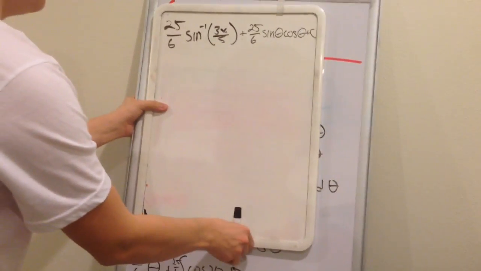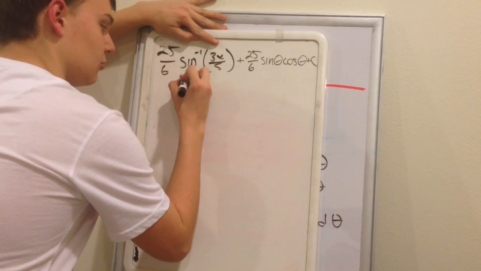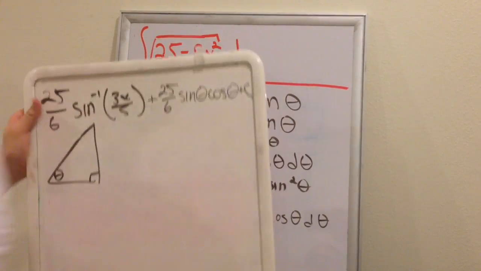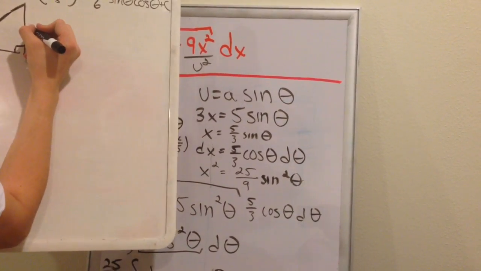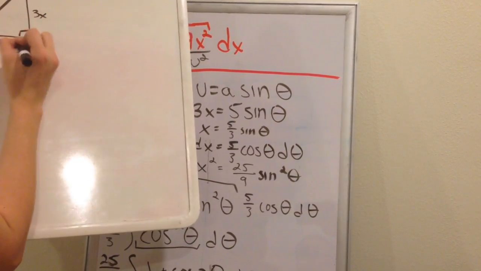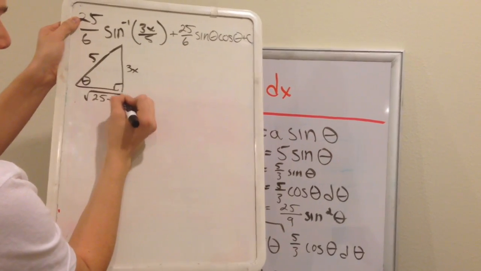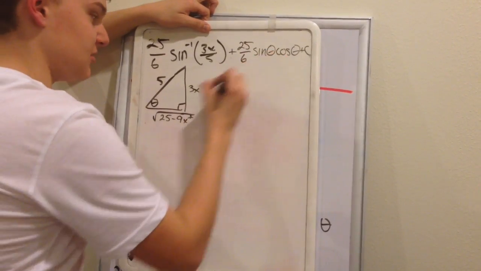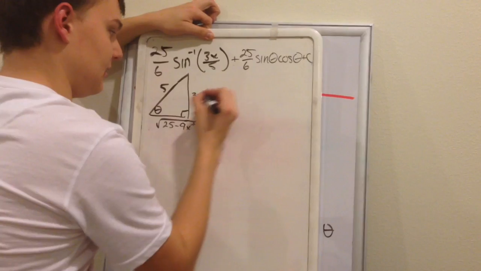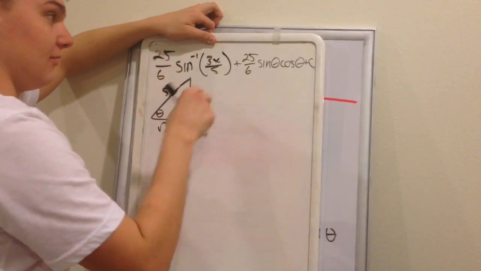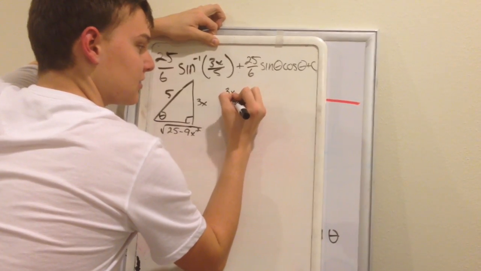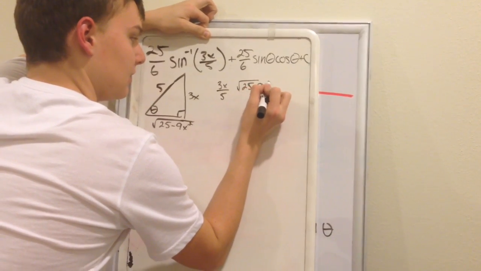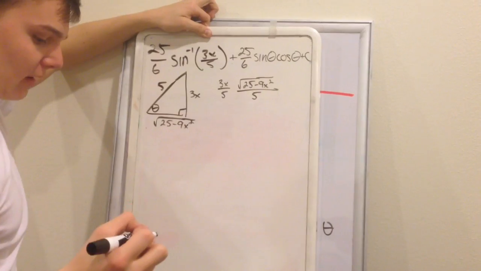Once we do that, we need to go back to our original triangle that we created from theta. Here we have 3x, 5, and the missing side is the square root of 25 minus 9x squared. Simplifying this, we find sine of theta to be 3x over 5, while cosine of theta is the square root of 25 minus 9x squared over 5 as well.